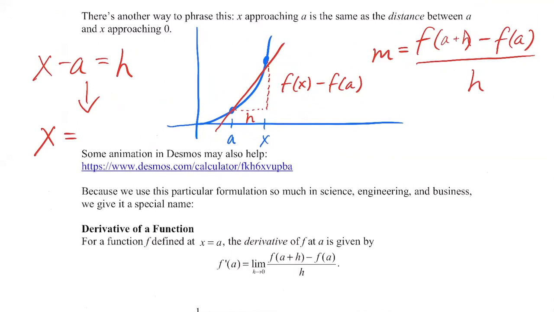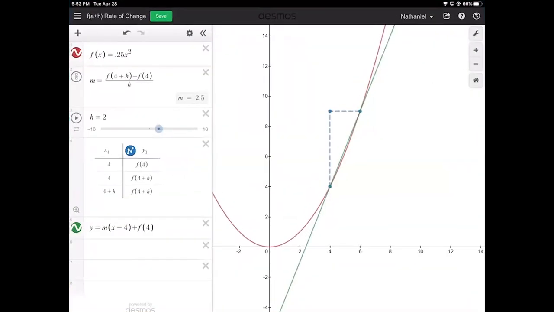Let's take a look at this on Desmos with some animation as well. So now we've got a slider for h. You can see it moving right there. If I have my original point anchored at 4, 4, just as we did last time, and I take the distance between 4 and my other point and make it larger, you see we move farther apart.